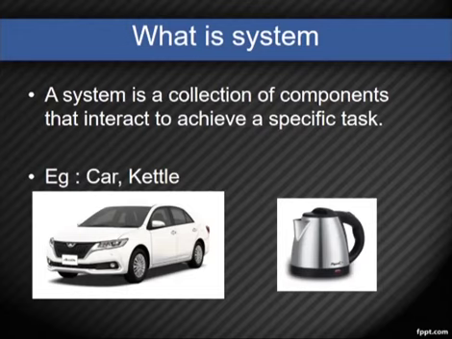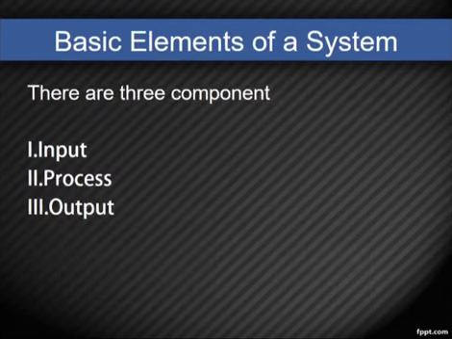So in that case, the car system has several components like an engine, a wiper, a gearbox, and there are many components working together to do that specific task. Every system has an input, process, and output.